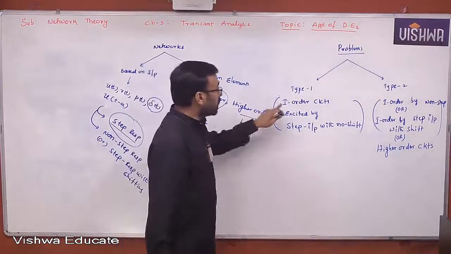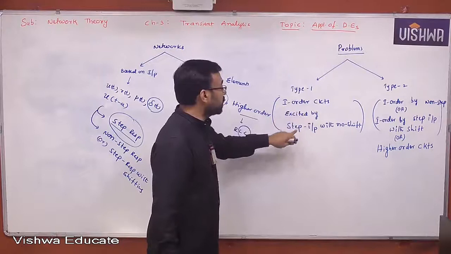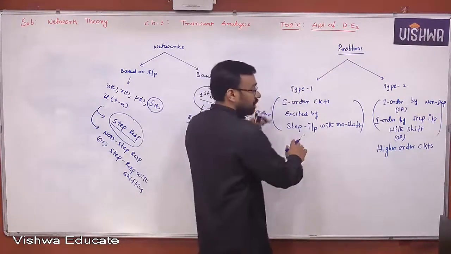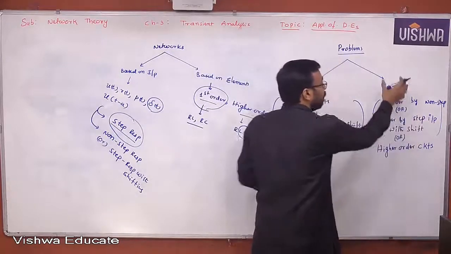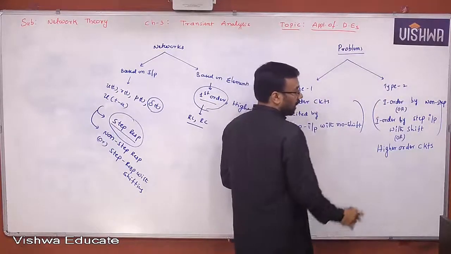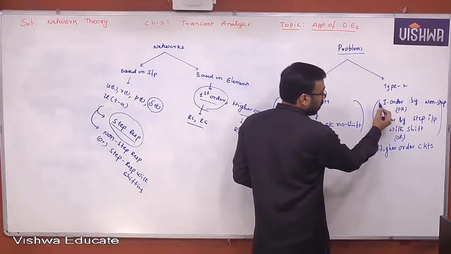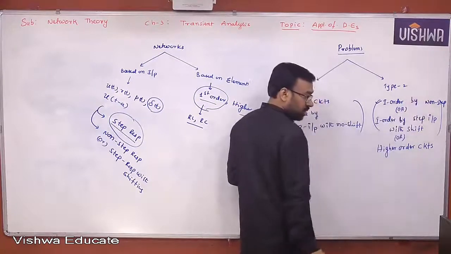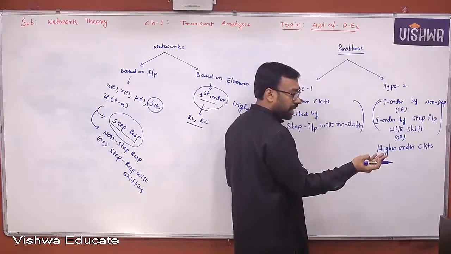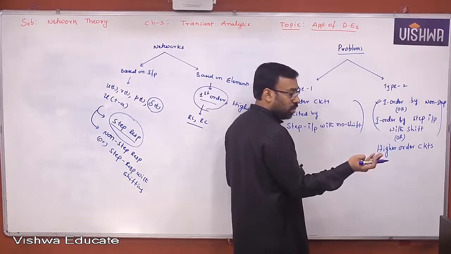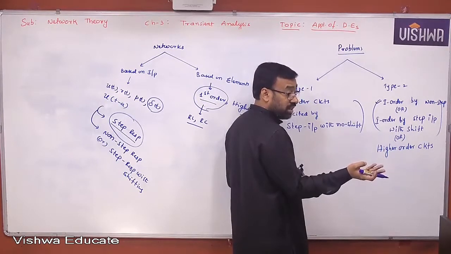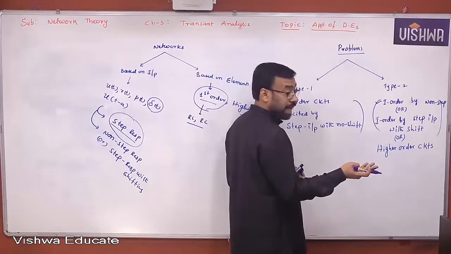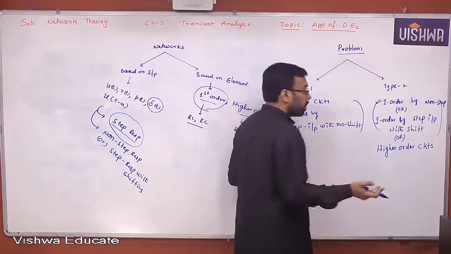First category of problems are what? You have first order circuits excited by step input with no shift. Other than this, you take all categories into type 2 problems. What are they? First order excited by non-step input, maybe ramp, parabolic, you may have exponential, sinusoidal, impulse, anything it might be.